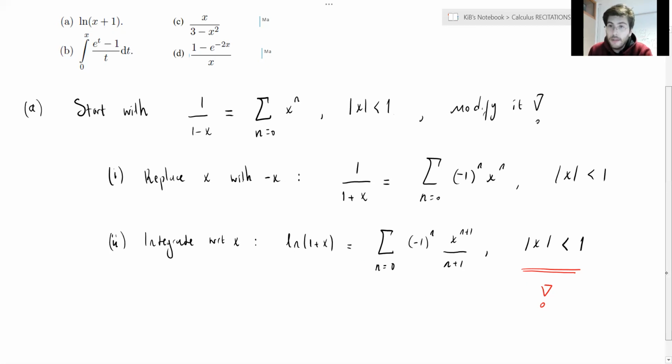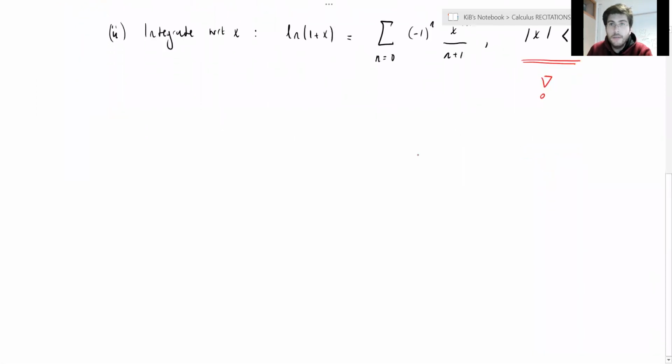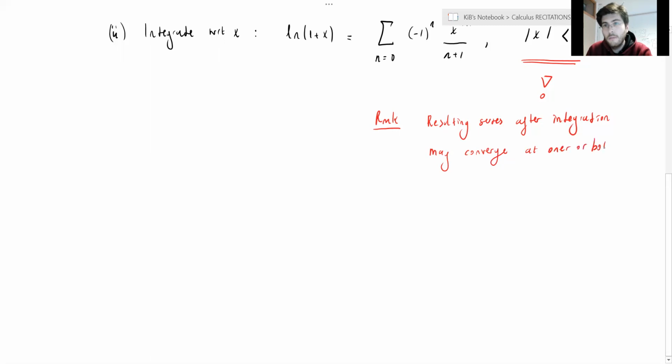So maybe a remark here: the resulting series after integration may possibly converge at one or both endpoints.